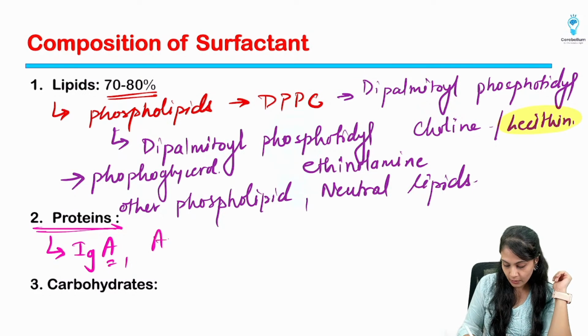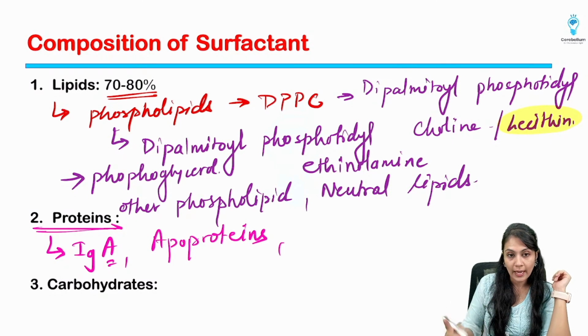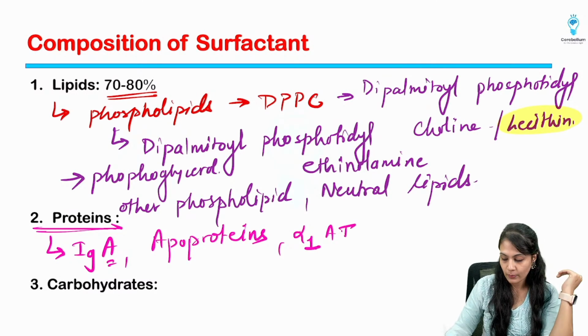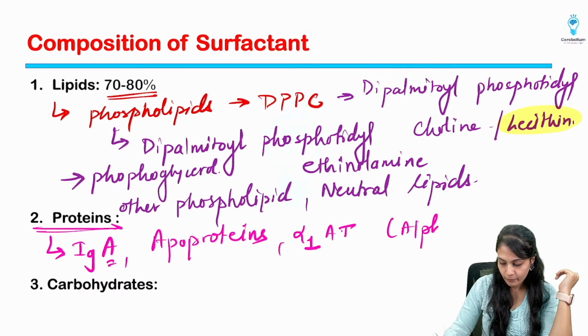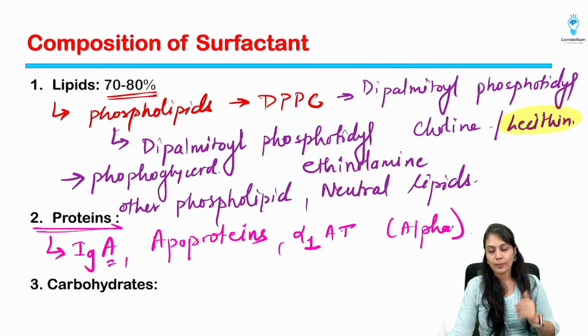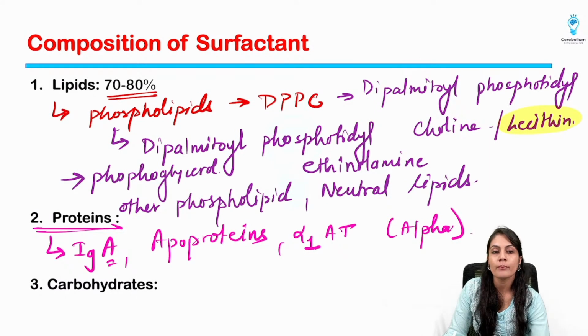Now there is another protein which is apoproteins, which are also there, and another thing, that is the alpha-1 antitrypsin, right? So alpha also starts with the A. So please remember that these three things are going to be present.